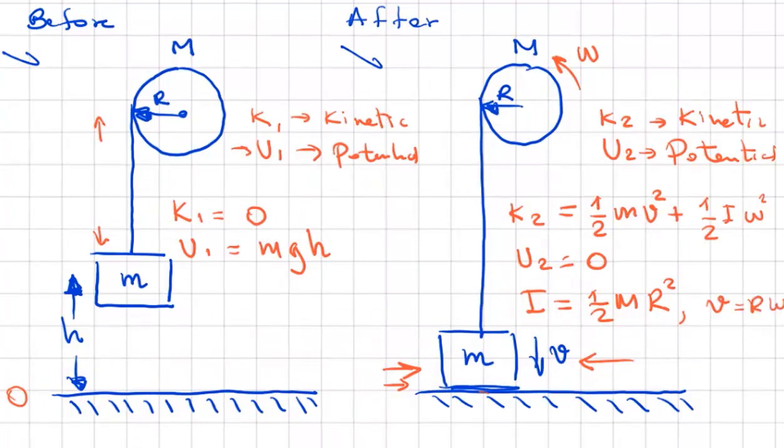This happens because the speed of the falling block must be equal to the tangential speed at the outer surface of the cylinder. So we have that relationship. Next, we are going to write the conservation of energy of the system to find whatever we want to calculate. So we use the conservation of the energy.